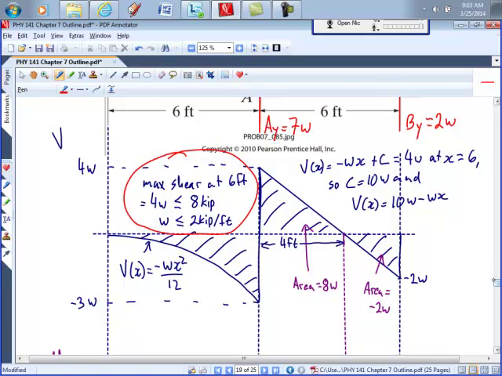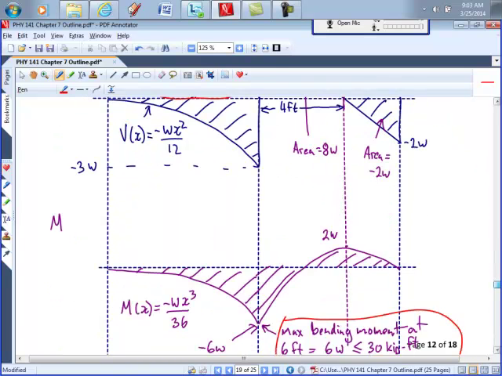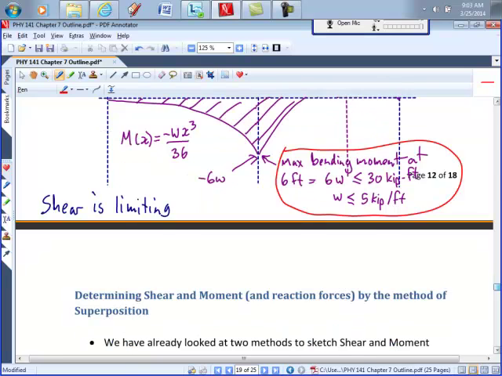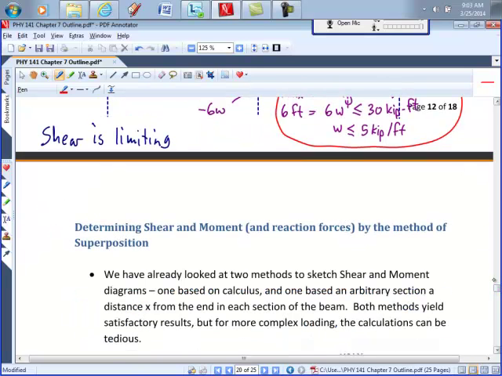So now we're going to go a little bit off-label. So we're going to learn another method for doing shear and moment diagrams that isn't covered in your book. But a lot of the times it makes the problem a lot easier, especially a very complex loading. And this is a method called superposition.